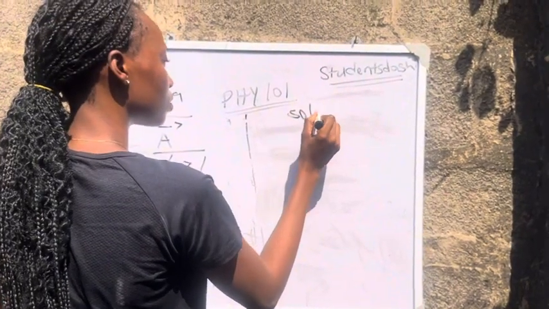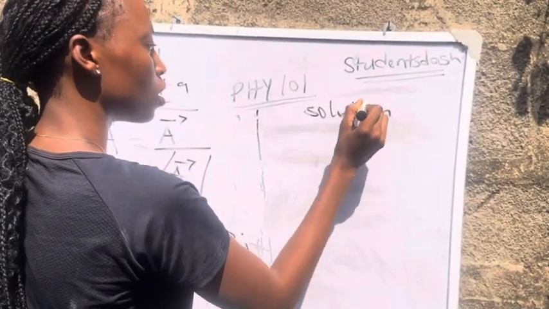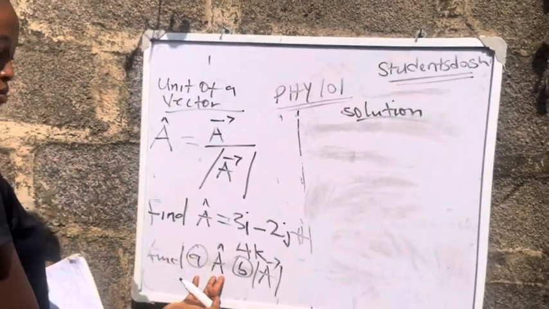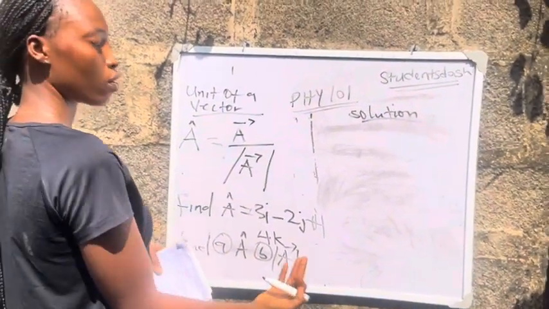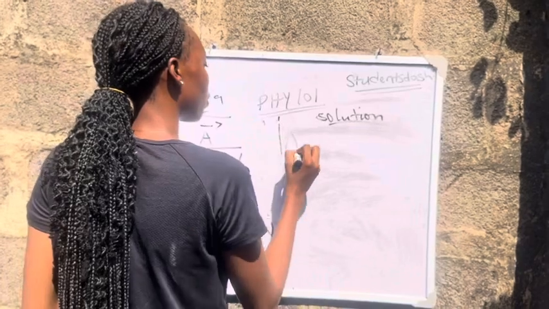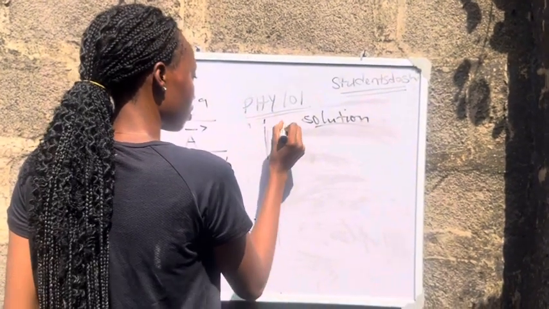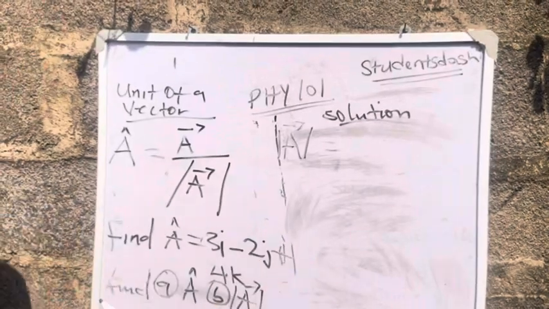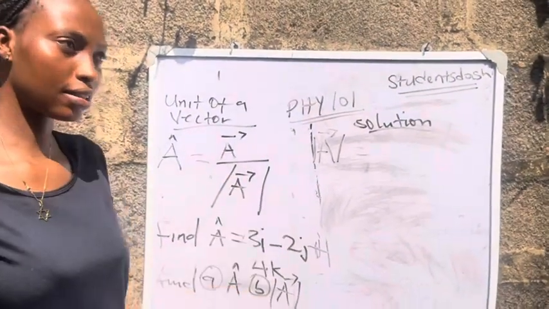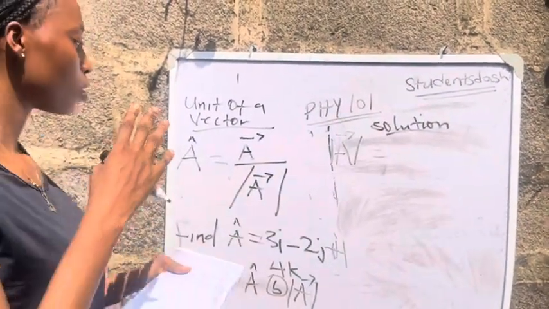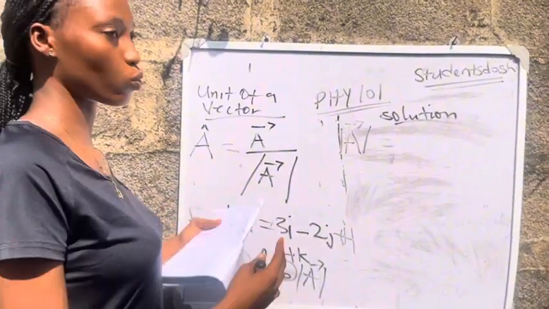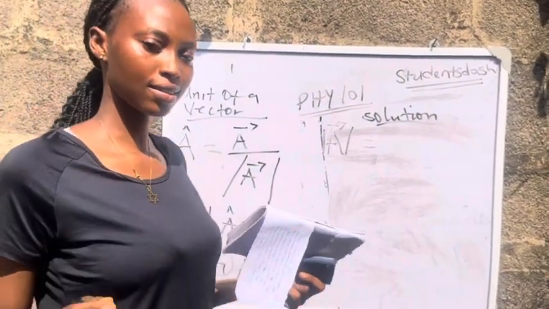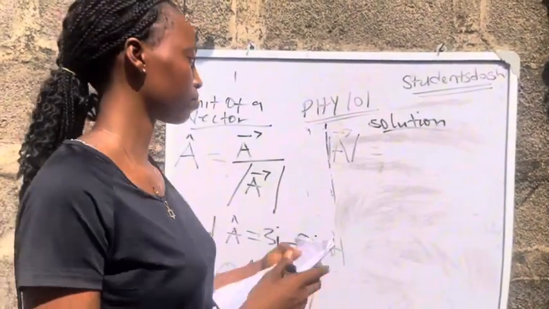Solution. Before you find the unit, you must get your magnitude first. Remember your formula of magnitude, but you don't need to put it down. Remember, this thing is the CBT method. Understanding the formula and knowing it will help you to answer the question easily.